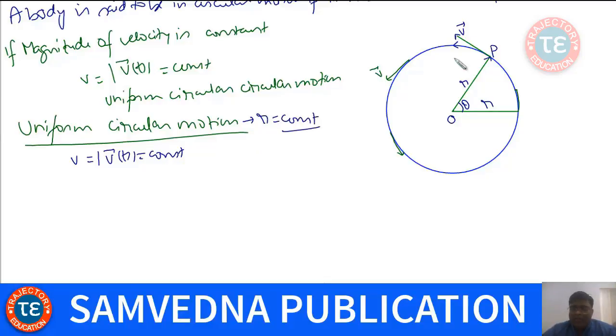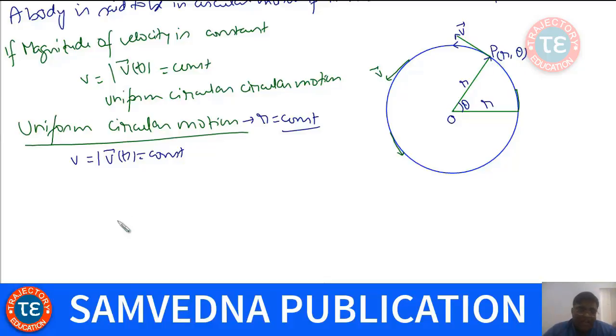I have taken the center as the origin, so if I assign coordinates r and theta to point P, the r coordinate is unchanged while theta keeps on changing.